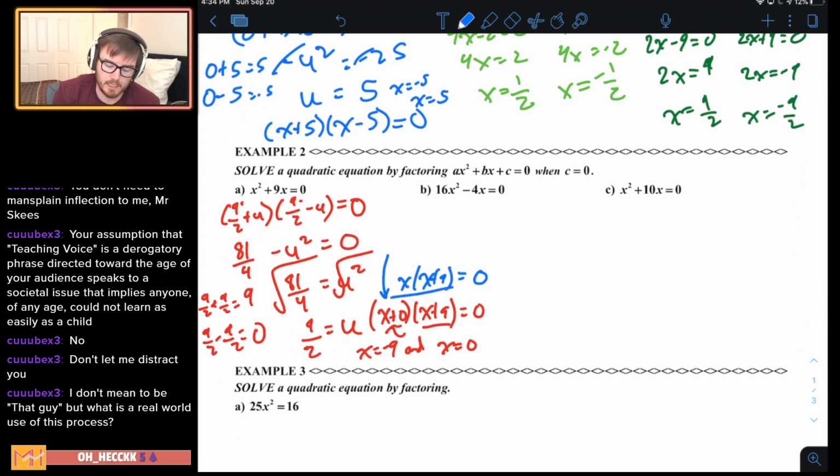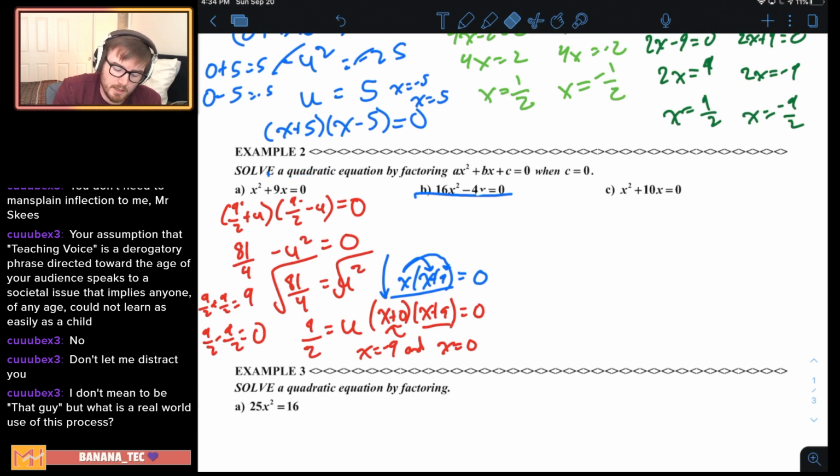All right? So what's happening here that we can see? Well, I want you to take a look. Let me backtrack here. I could simply distribute this and put it back together, right? x times x is x squared, and x times 9 is 9x. Boom, right? I'm back where I started.